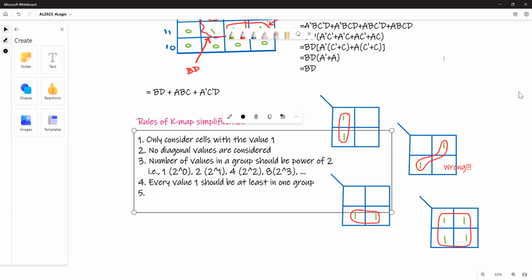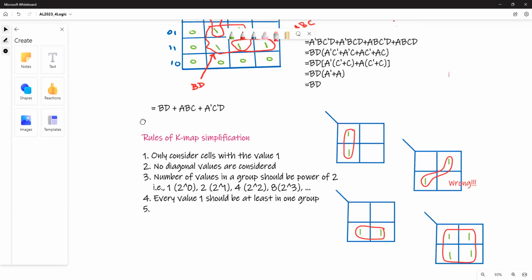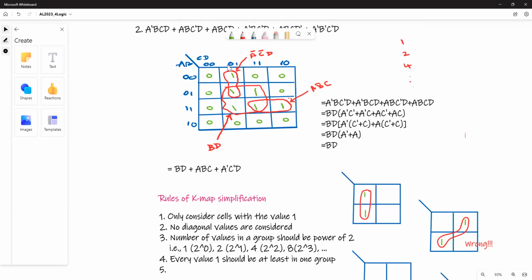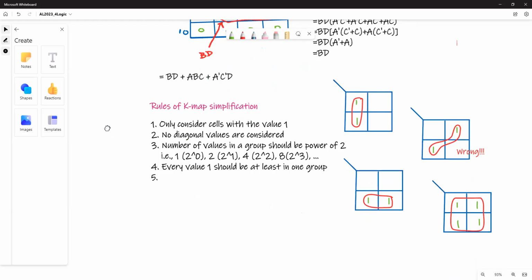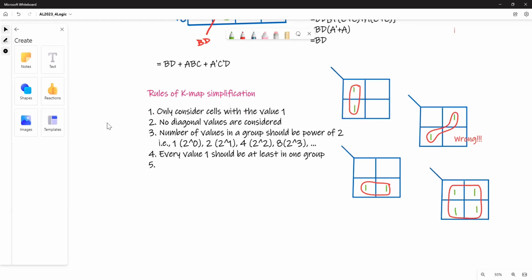This means if you take the ones, they should be in at least one group. Let me show you from the previous example. Let's look here. This one is in one group. This one is also in one group. This one is in two groups. This one is also in two groups. This one is in one group. This one is in one group. So every value one should be in at least one group.